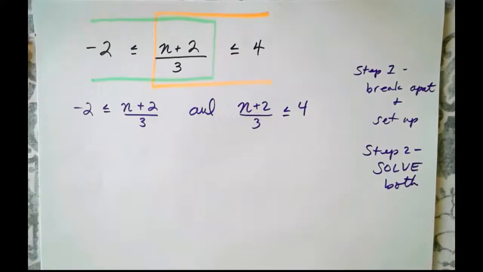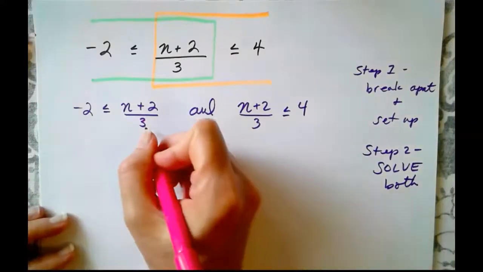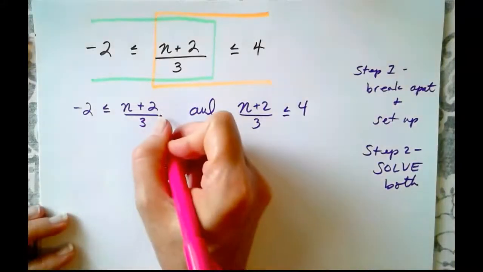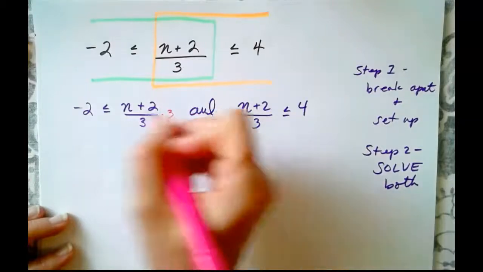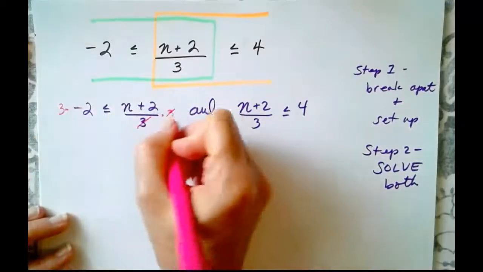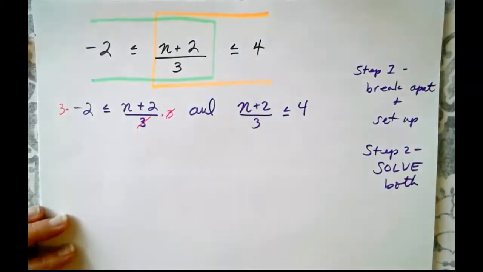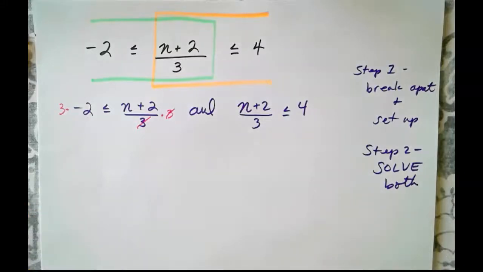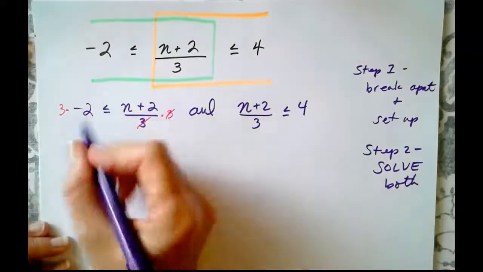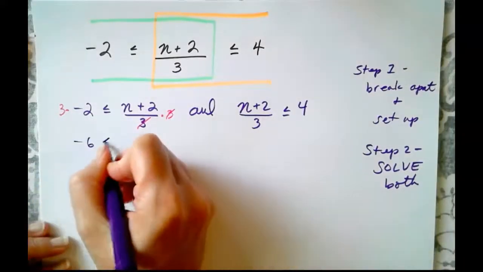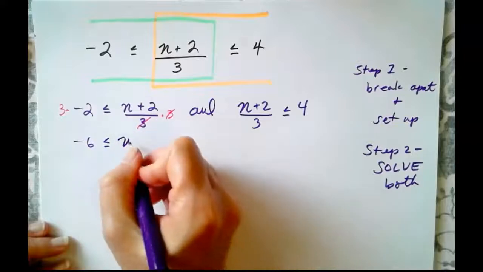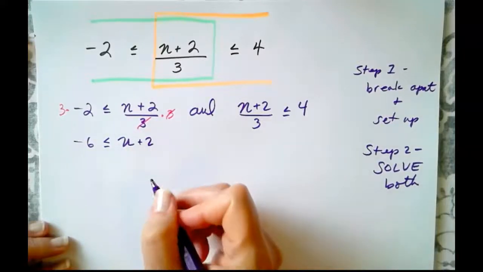Now, even though fractions are our friends, we like to get rid of them as soon as possible. So I'm going to dump this times 3, or divided by 3, by multiplying both sides by 3. Those 3's cancel. That is by the multiplication property of equality. 3 times negative 2 is negative 6, which is less than or equal to n plus 2.